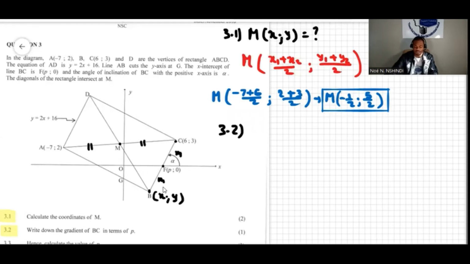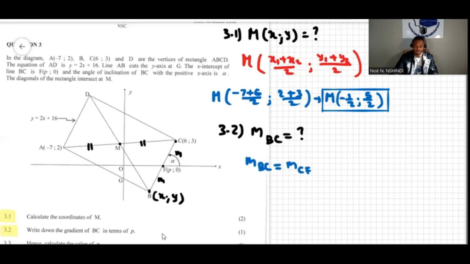So if I need to find the gradient of the line BC, I can find the gradient of CF because it is the same gradient as BC. So here I'm asked to find the gradient of BC, and I said that the gradient of BC is the same as the gradient of CF.